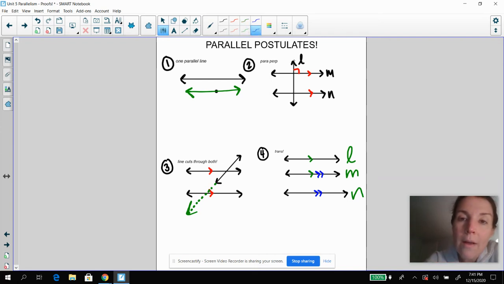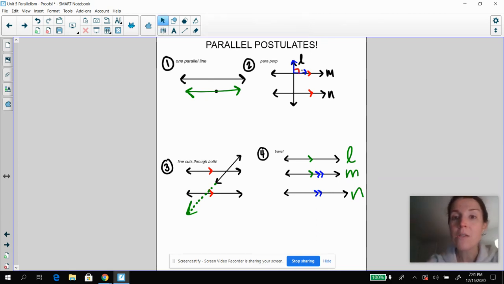I know that this angle has a corresponding angle. It's going to be in the exact same position. So if this angle is 90 degrees, right? It's got to be 90 degrees. It's got to be perpendicular down here as well.